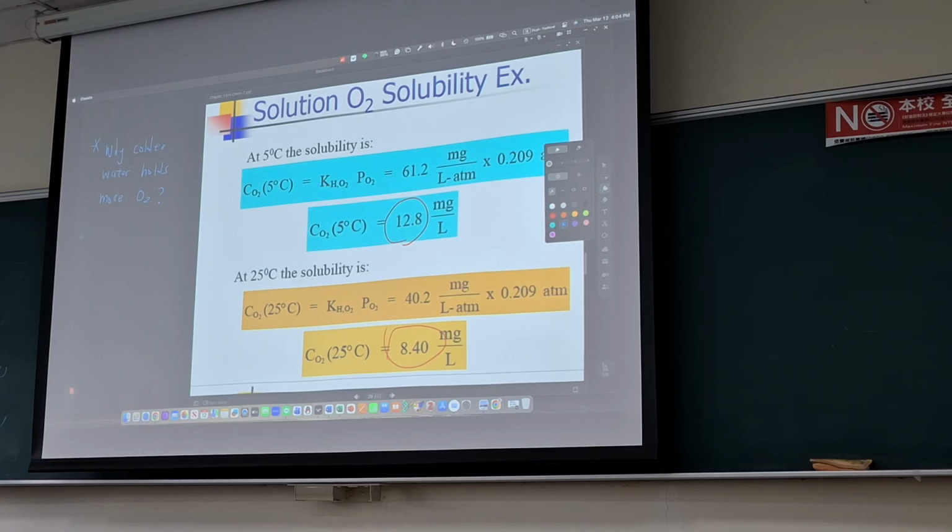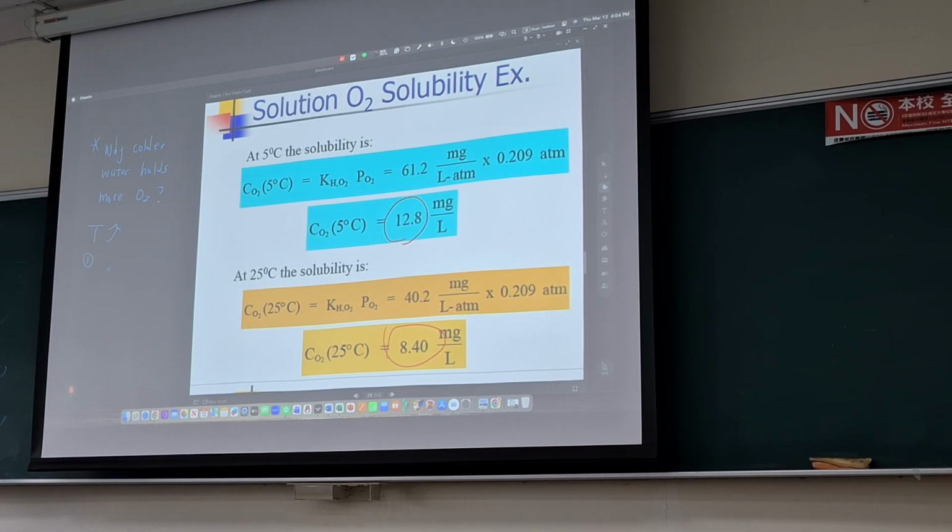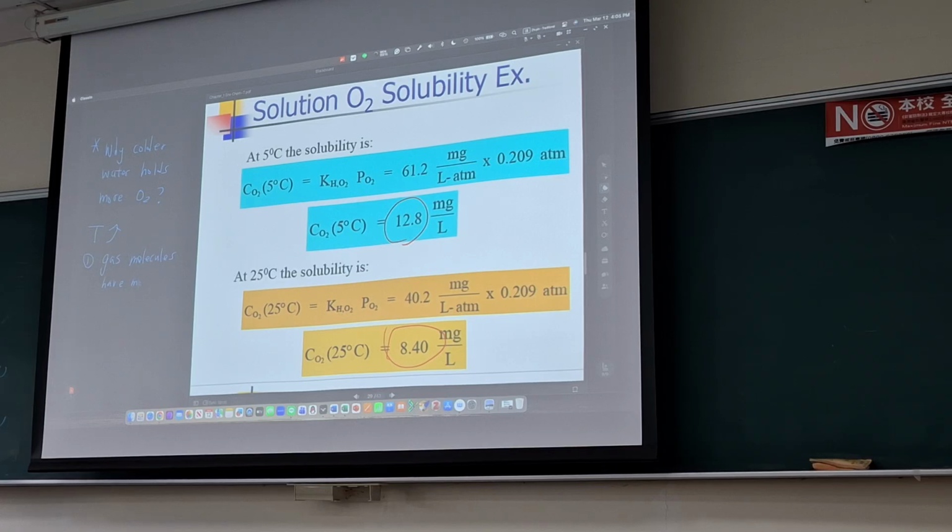So as temperature increases, the gas molecules will have more kinetic energy, right?